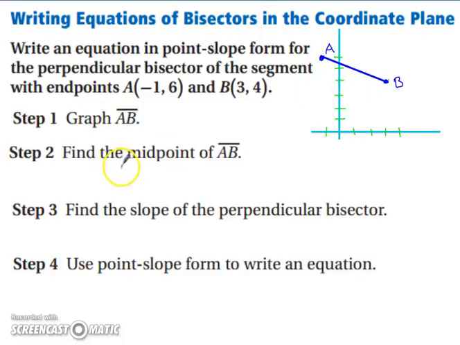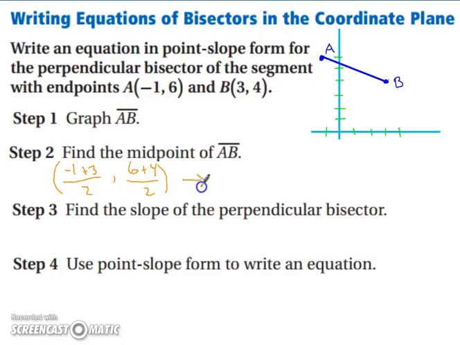Now, step 2, we want to find the midpoint of AB. So to find the midpoint of AB, we want to take the average of your x's and the average of the y's. So we will have -1 plus 3 divided by 2 and 6 plus 4 divided by 2.